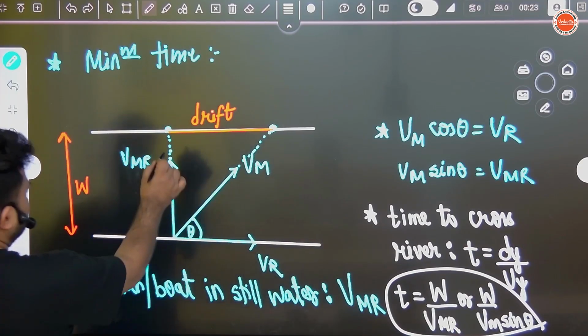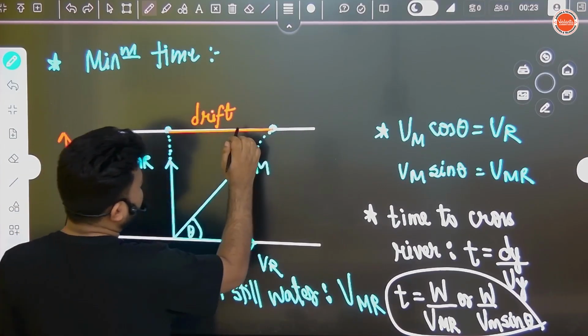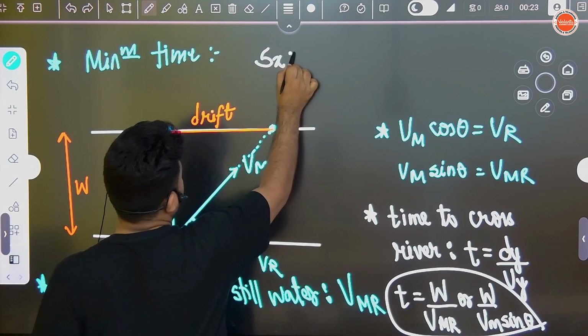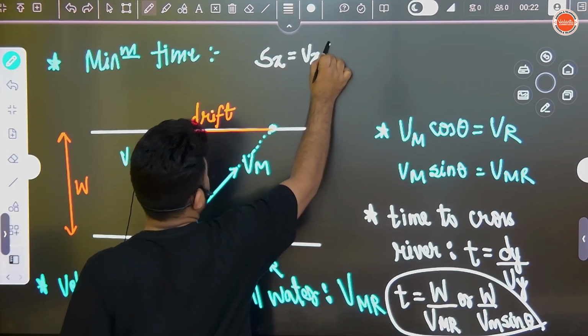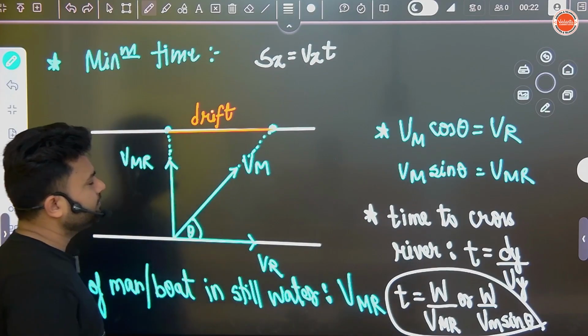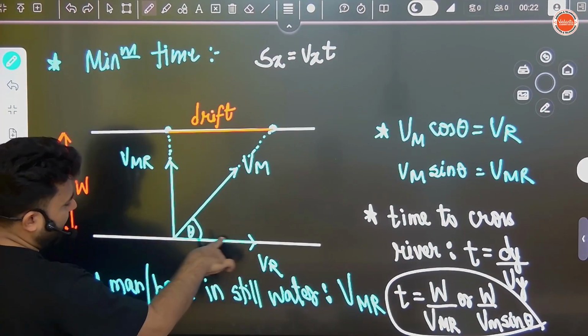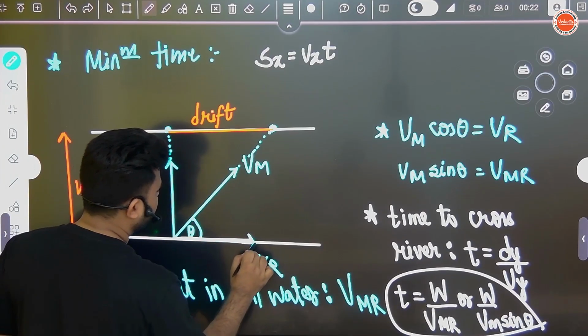Now they will ask how much it got drifted. Drift means they are talking about the x direction. So displacement in x direction. Can I write distance equals speed into time? Speed in x direction multiplied by time. So speed in x direction is how much? VR. In x direction, this is the speed, VR.